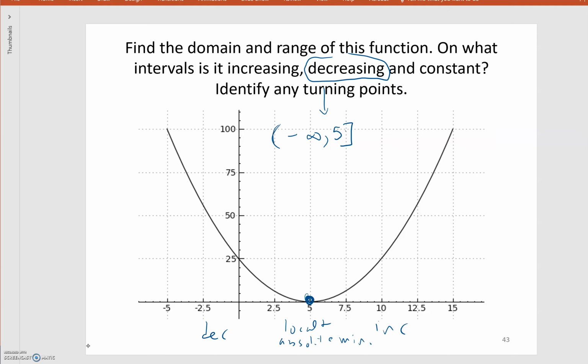And notice I used a parenthesis here for negative infinity, because negative infinity is not a number in the sense that the integers are numbers. So it's decreasing from negative infinity to 5, constant nowhere, and increasing from 5 bracket to positive infinity parenthesis.